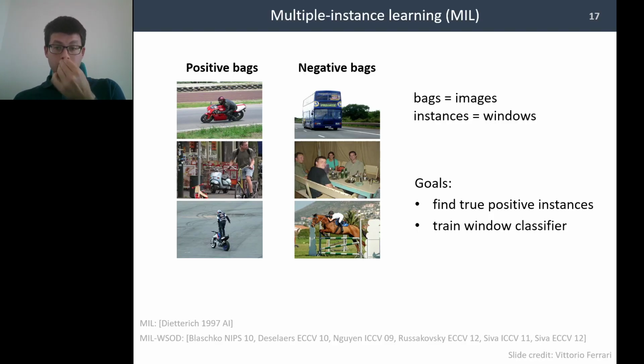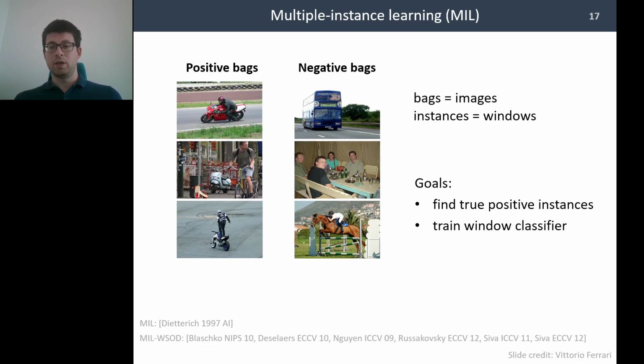Okay, most weakly supervised object detection methods can be formulated in a multiple instance learning framework. Multiple instance learning is not specific to object detection or to this problem. It's a generic setting which has been applied before to text categorization, predicting protein binding sites, object tracking, and so on. The idea is quite simple.